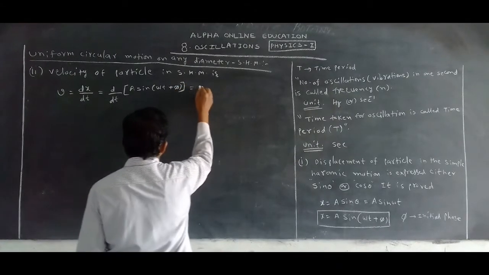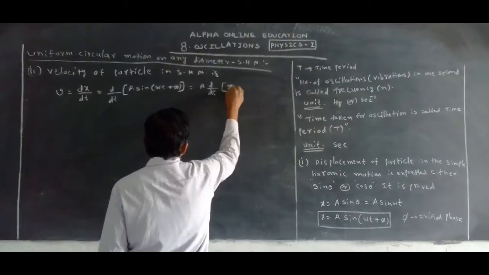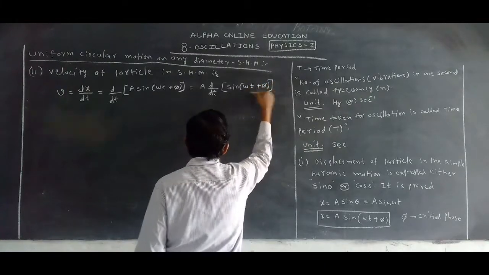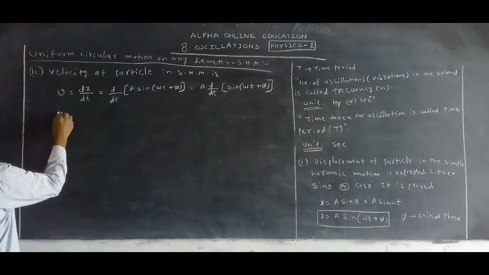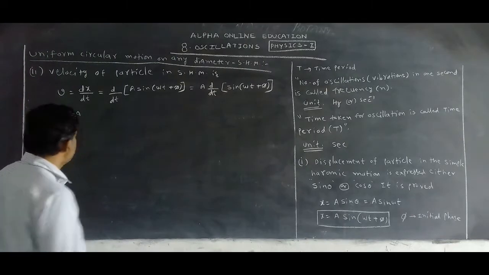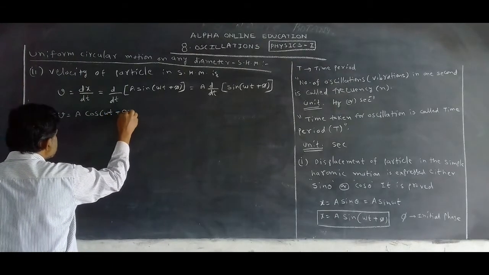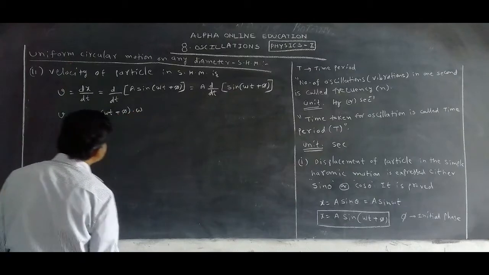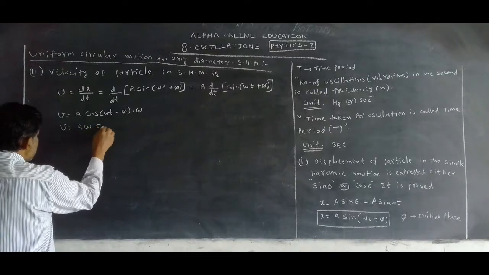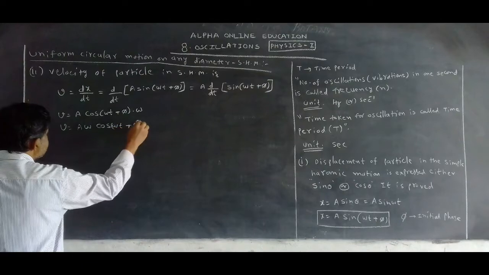Now let us take a common. Now v is equal to a, differentiation of sin omega t plus phi is cos omega t plus phi into omega. So v is equal to a omega cos omega t plus phi.